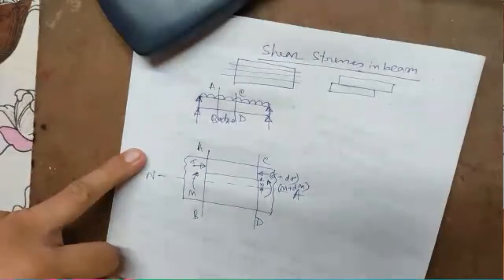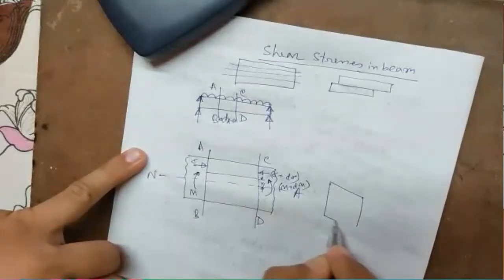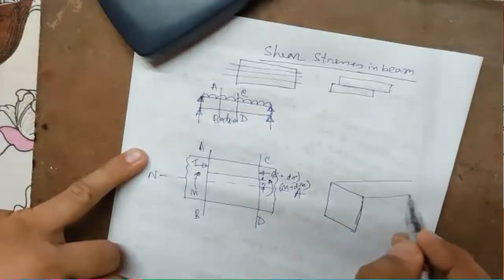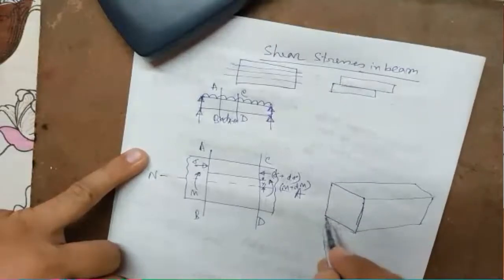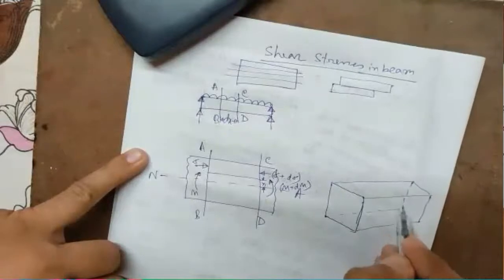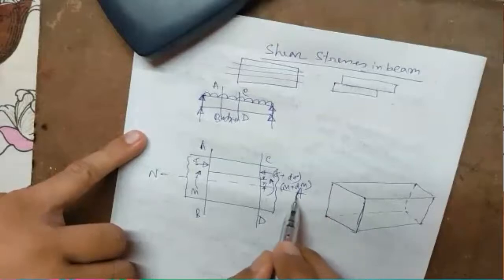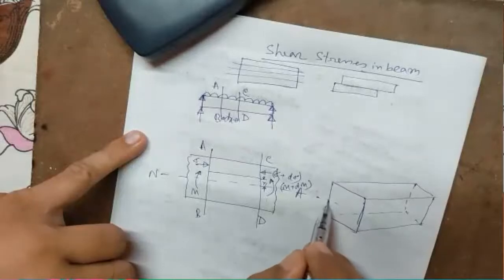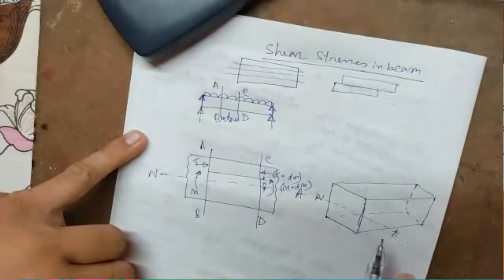Now, if we look at the cross section, this is basically the neutral axis plane.